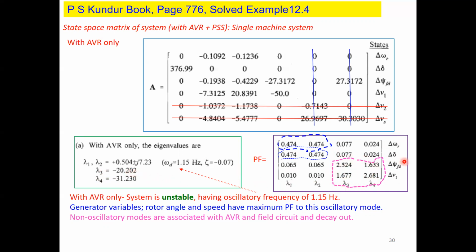So that means these state variables are not associated with any mode of oscillation. If you look at the time domain response, they will not have any oscillatory response. But the generator state variables are associated with the complex eigenvalues, right? Because when you look at the magnitude of participation factor for these two state variables, it is very high.